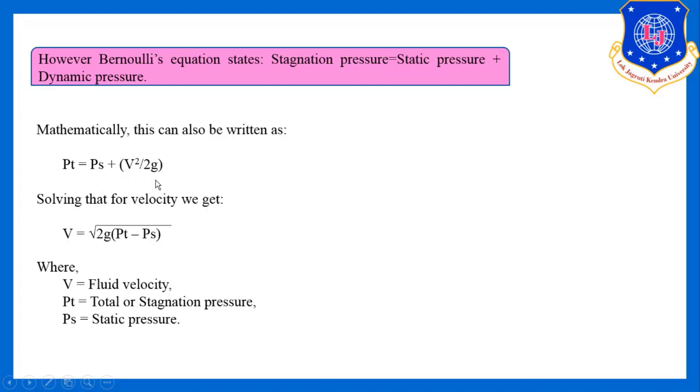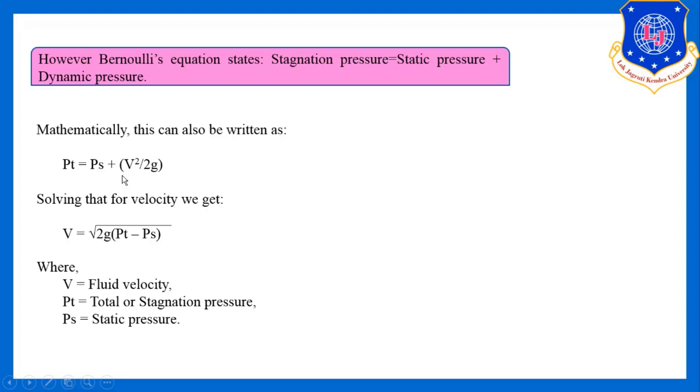What is dynamic pressure? Dynamic pressure is V squared by 2g, and this is static pressure PS, and PT is stagnation pressure or total pressure. When I solve this equation for velocity, it gives V equals the square root of 2g times (PT minus PS).